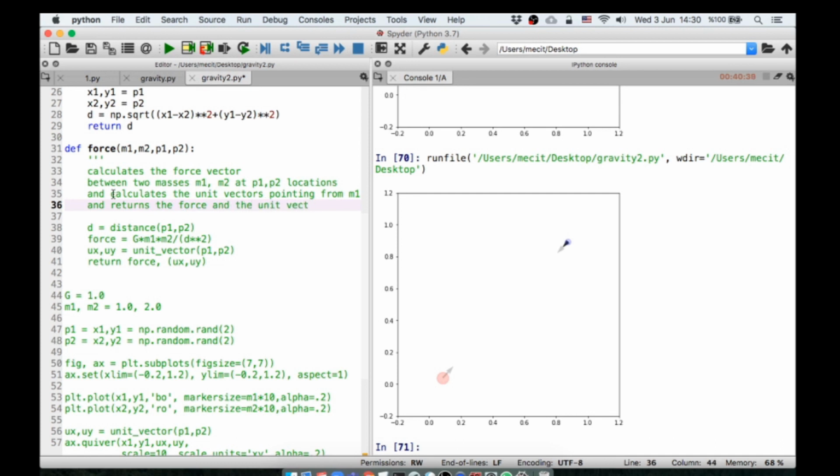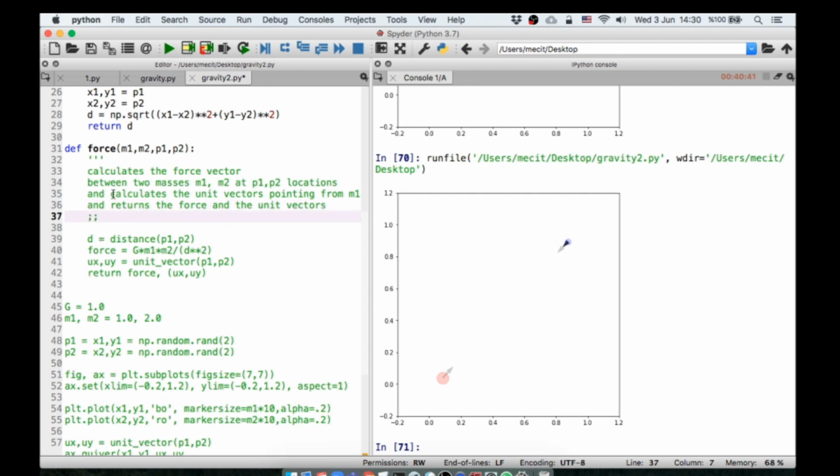So this explanation will help me when I have a look at this function after a review.